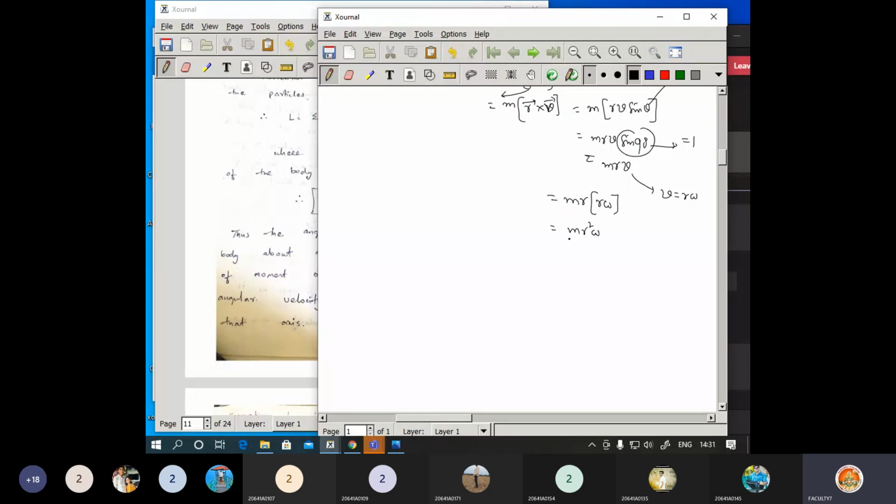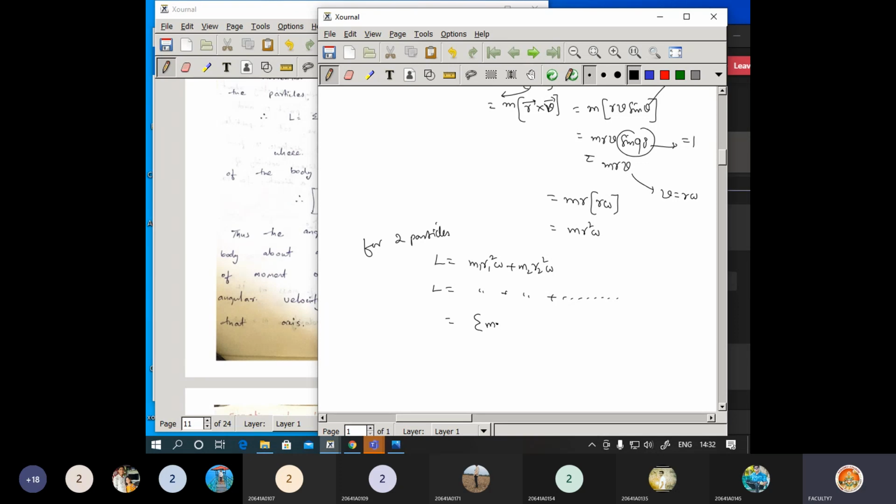Now this is only for a single particle. Now if you are having two particles, what will you write? m1 r1 square omega plus m2 r2 square omega. Now if there are more particles, you will continue with the same factors continuously. Now what will you conclude there?